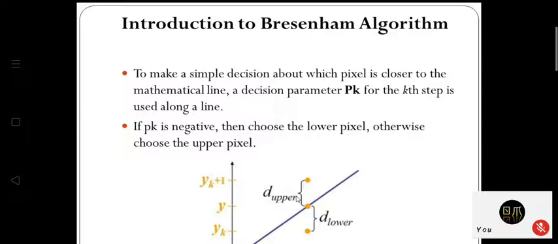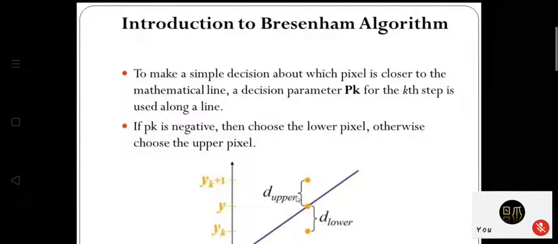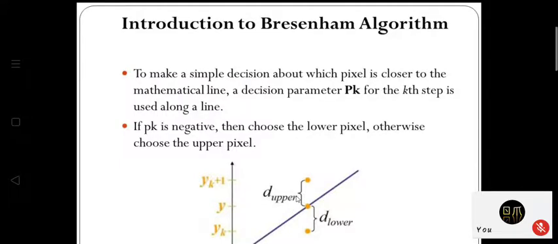So the pixel which is above, you can name it as D upper, and the pixel which is below the line, you name it as D lower. So if your decision parameter is negative, that is, if p of k is negative, then you will choose the lower pixel. Otherwise, you would choose the upper pixel, which is D upper. So this decision parameter will help you to find out which is the nearby pixel you have to choose.